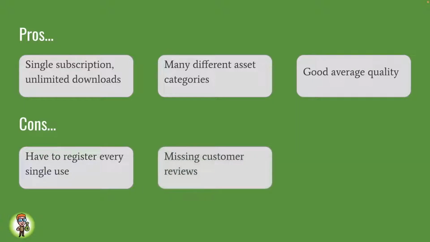I would also mention that Envato Elements doesn't include customer reviews, and that could have saved me some time in the past. For instance, I found some really low quality Shopify themes, and I could find out that just by actually downloading and installing them, so that was quite disappointing.